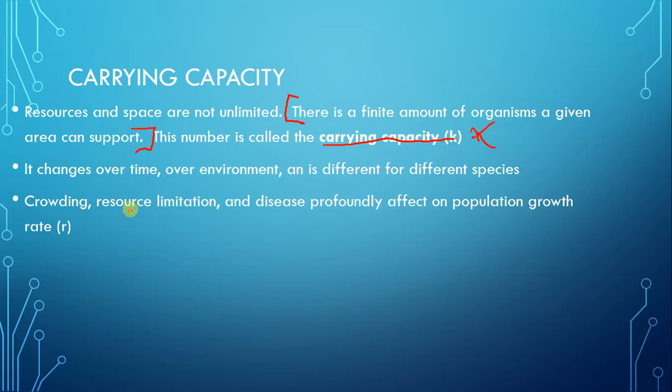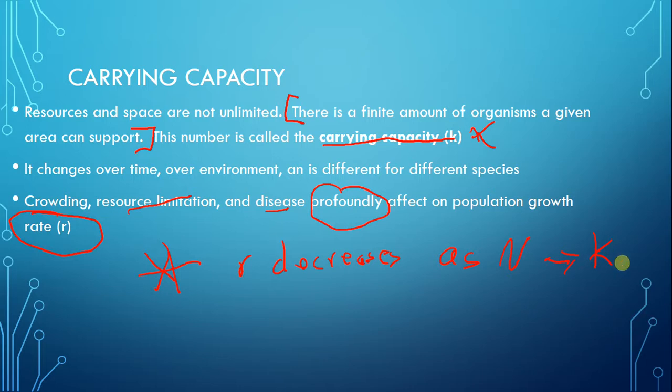Crowding, resource limitations, and diseases profoundly affect the rate, R, of population growth. And so, in normal populations, one thing is usually true. R decreases as N approaches K. This makes sense, right?